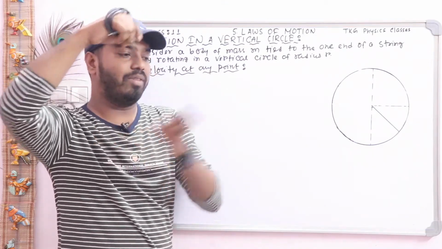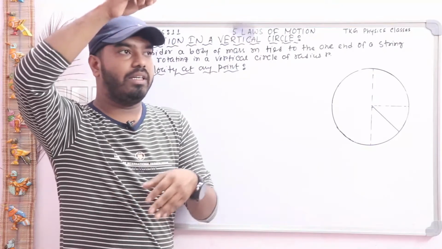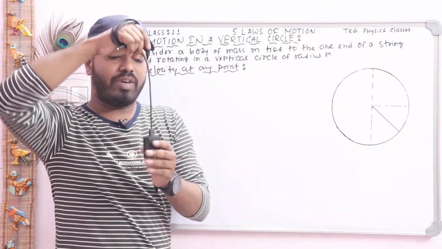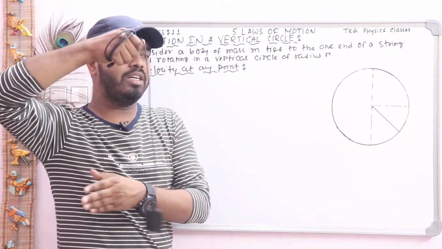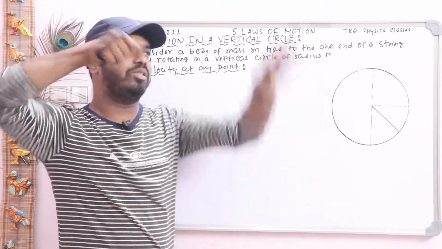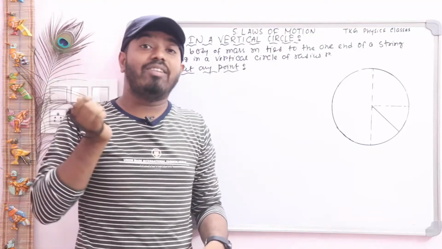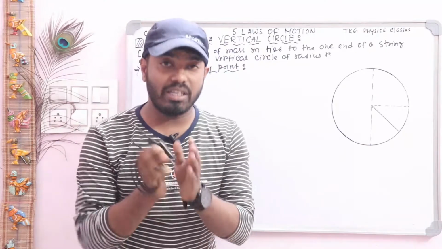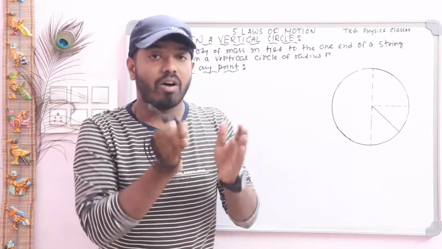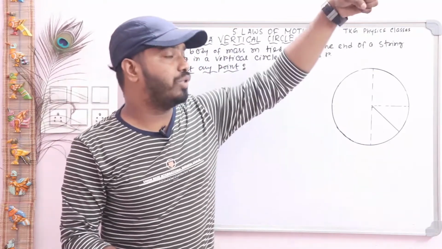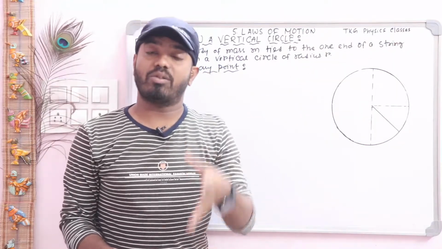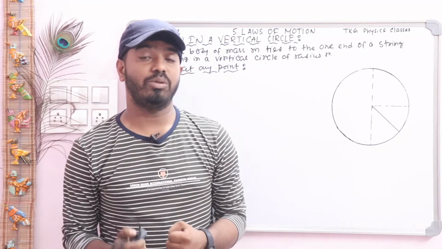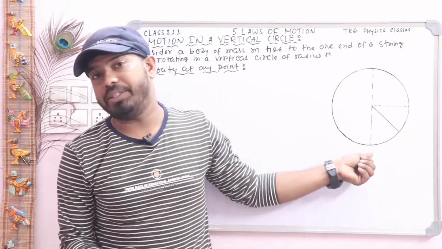So the body covers some path and then returns back. Now further I am increasing the velocity, and you see the body covering a complete circle. So this is the condition: the body covers a complete circle, or the body attains some position and then returns back. It all depends upon the initial velocity given to that body.